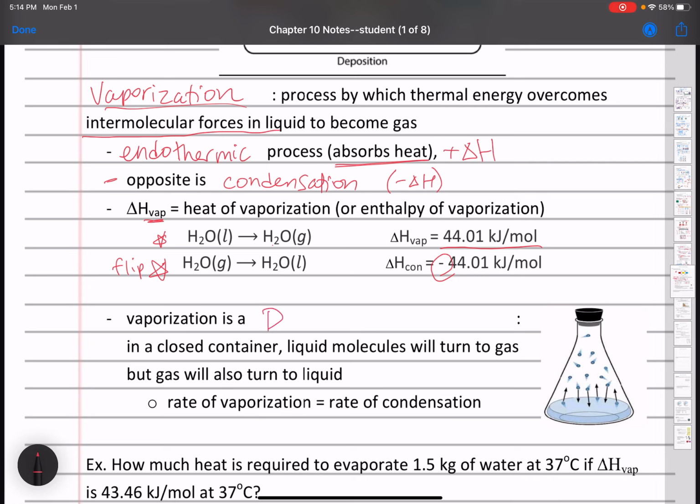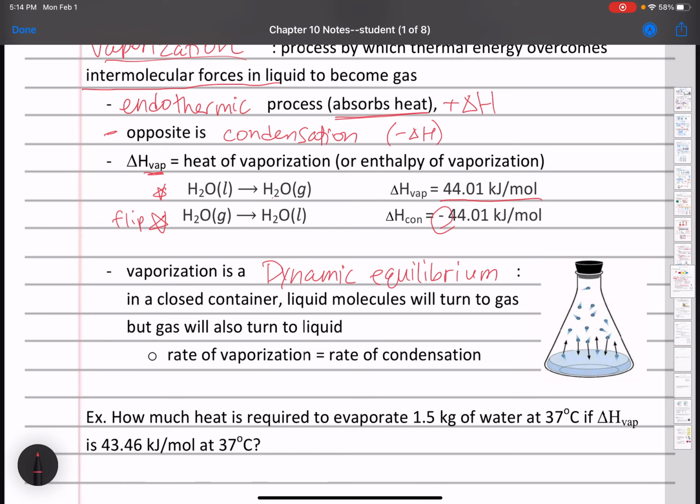Vaporization is a dynamic equilibrium. So in a closed container, if you have a container of water, like a closed bottle of water, some of those water molecules are actually going into the gas state and some are coming back down into the liquid state, simultaneously.